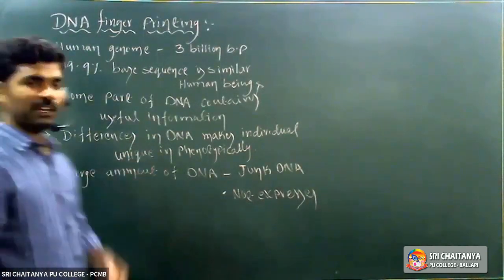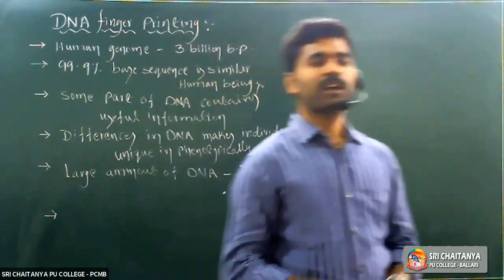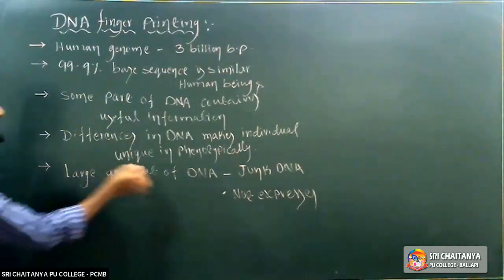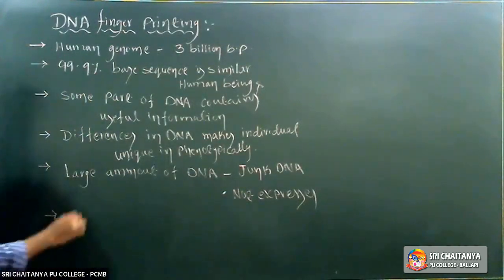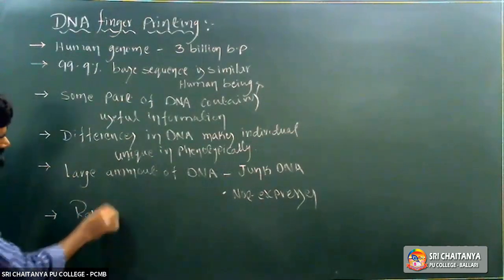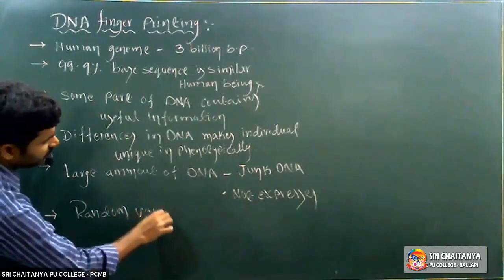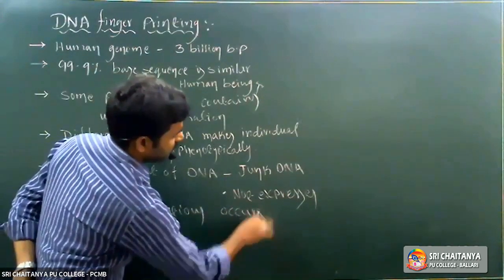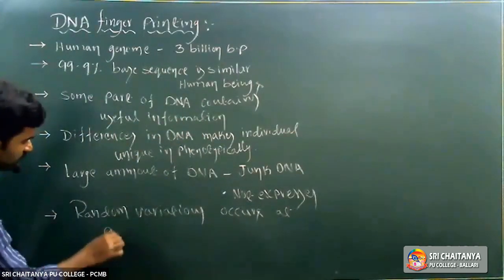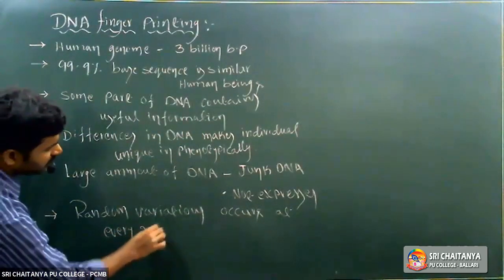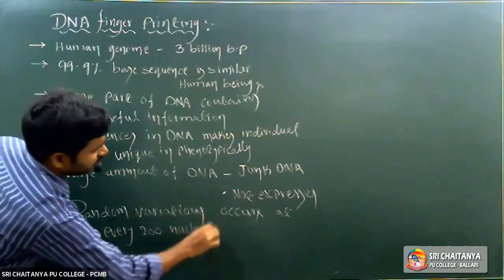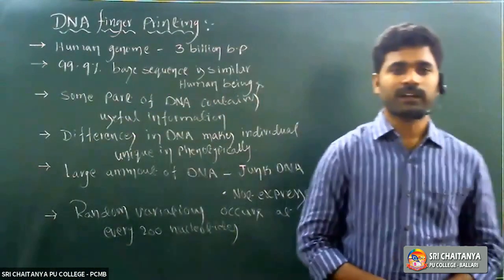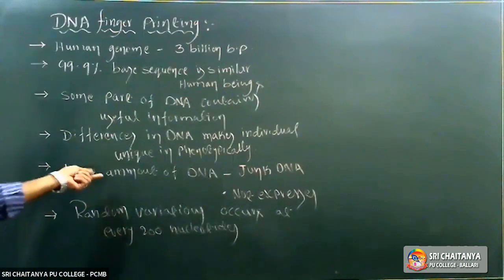In that junk DNA, random variations occur at every 200 nucleotides.